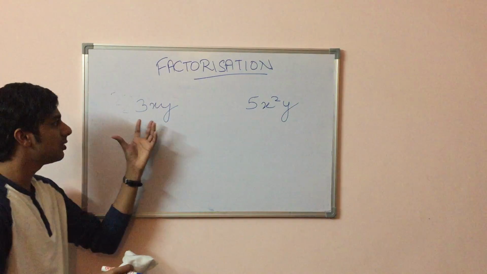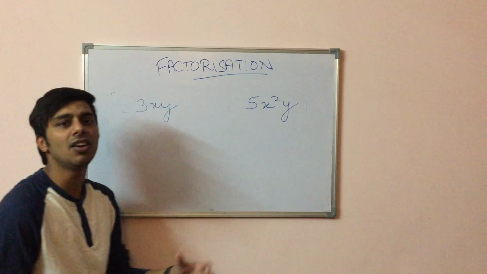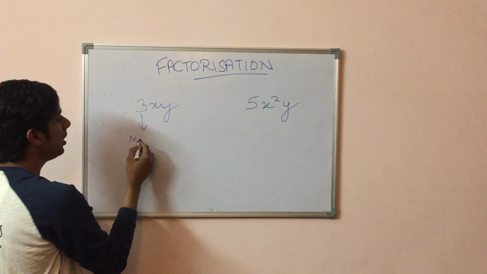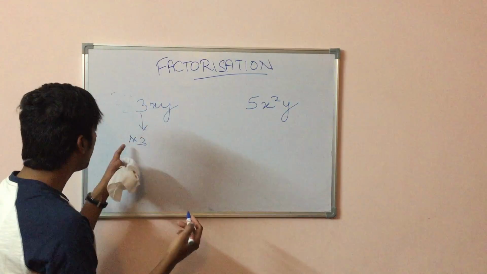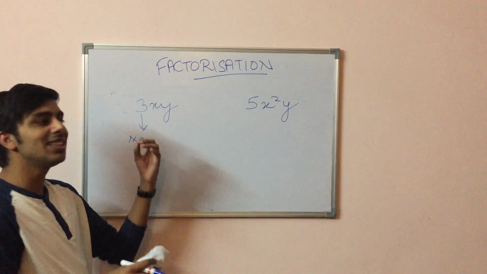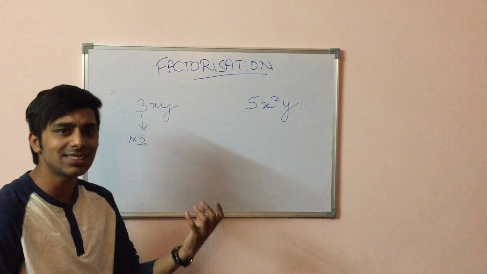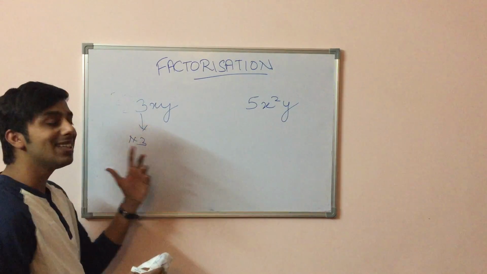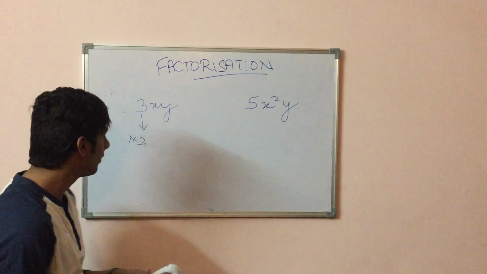In both cases, 3 cannot be written as anything other than 1 into 3, because 1 is the factor of every number. If I say 30, 45, 60, in everything, 1 is common.